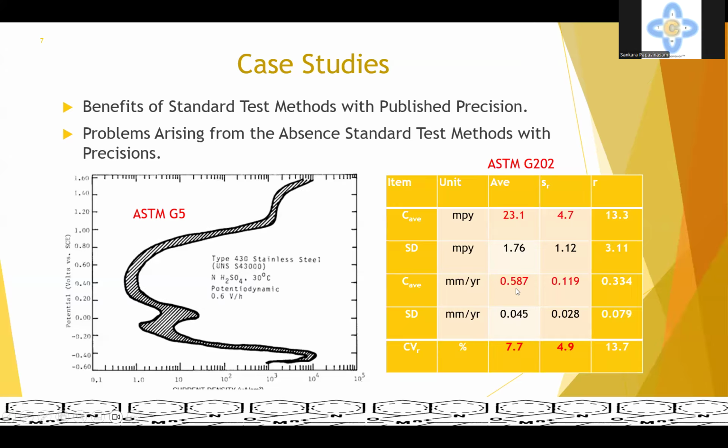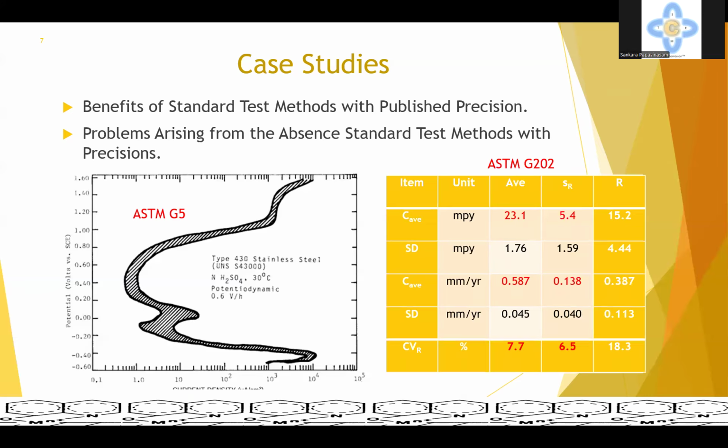This is the precision, this is the variation by repeatability. If the same operator does it, the repeatability varies by 4.7. Different operators, 5.4. This is the published data from ASTM G202. Again, note that the average remains the same, both in terms of repeatability and reproducibility. So I'm going to use these 2 examples in our case studies.